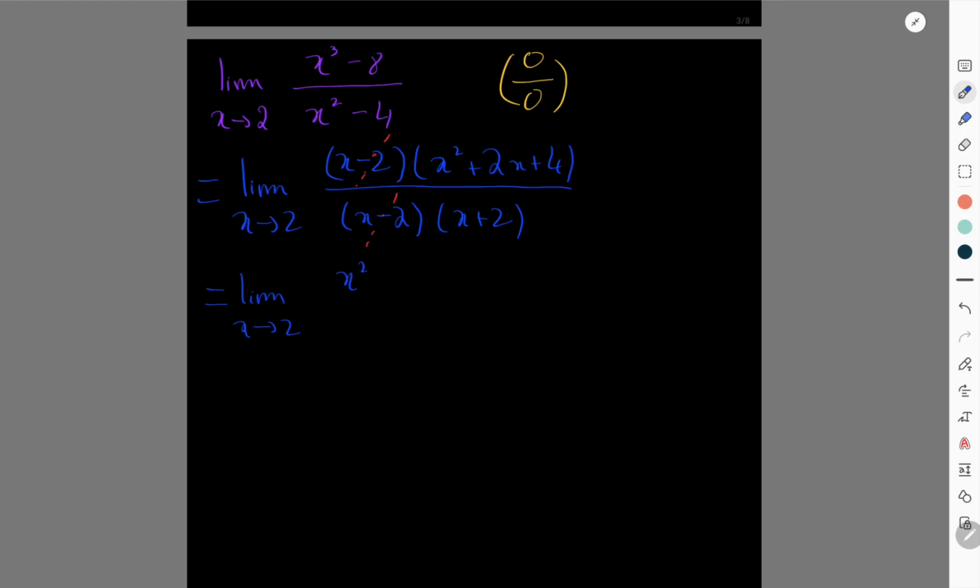And what we get is x squared plus 2x plus 4 over x plus 2. That limit can be done by evaluating, so let's plug in. This is 2 squared plus 2 times 2 plus 4 over 2 plus 2. So this is 12 over 4, which is just 3.